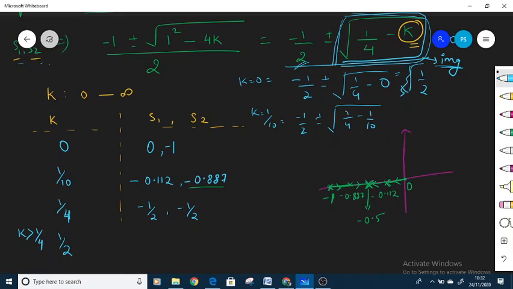Okay, so suppose I take k equal to 1 by 2, then this will become minus 1 by 2 plus or minus the root of 0.25 minus 0.5. So that is how you get the position of the poles, or the location of the poles.